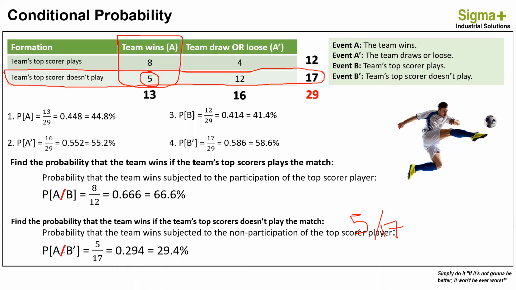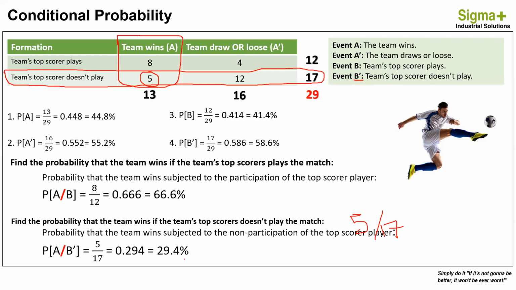which is P of A given B dash, because B dash is the complement event that the team's top scorer will not play the match, right? Remember here, event B is that the team's top scorer will play or participate in the match. So the B dash, the complement event, is that the team's top scorer will not play the match.